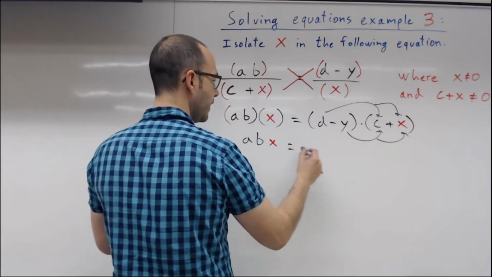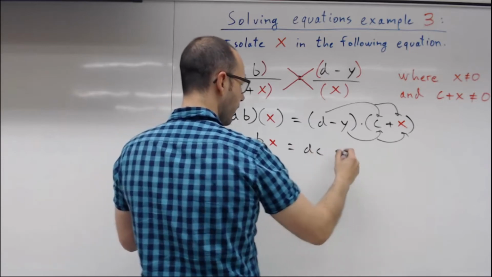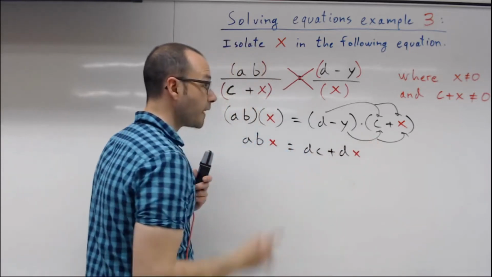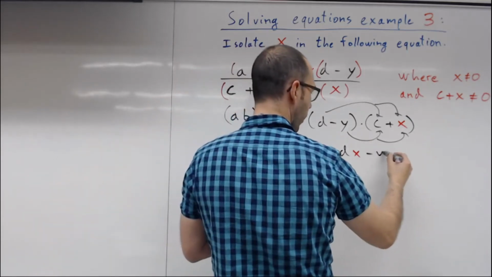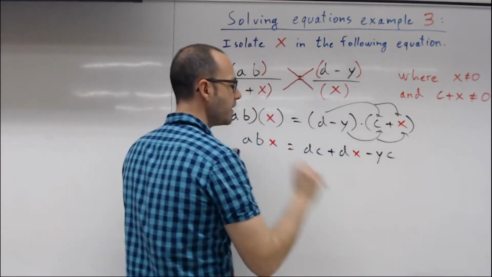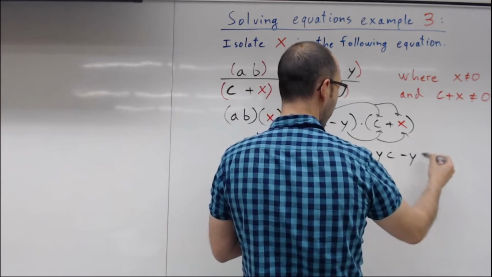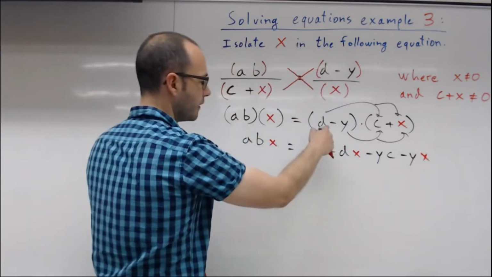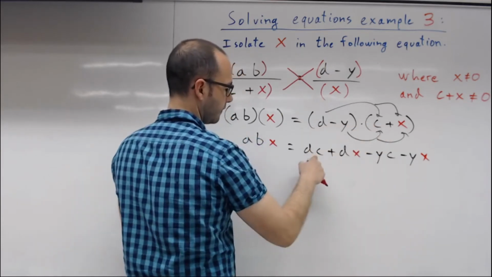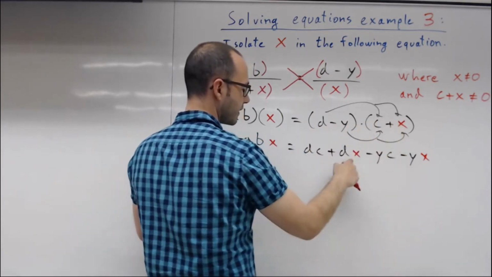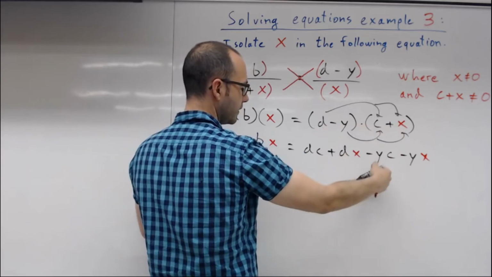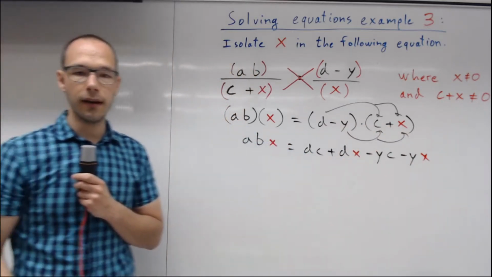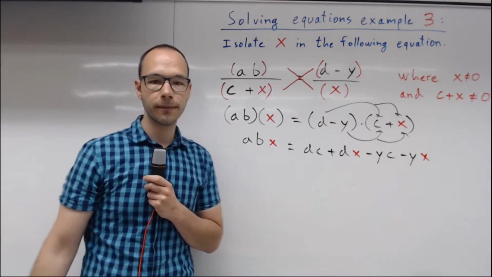So it's going to be dc plus dx minus yc minus yx. Let's just do that again: dc, dx, negative yc, negative yx. So now we're done with the expanding of our brackets.